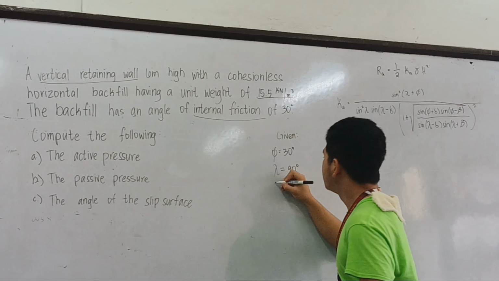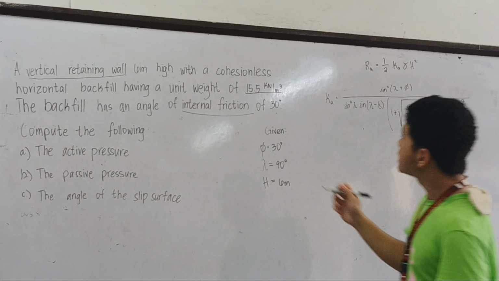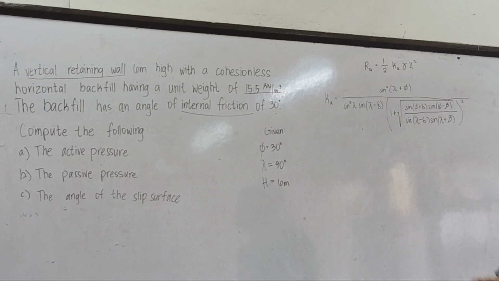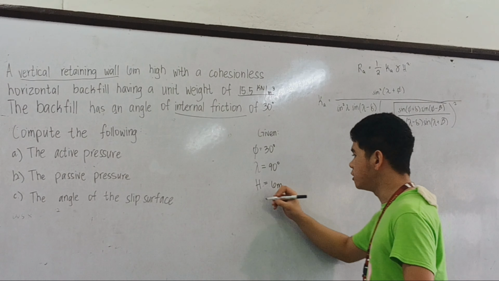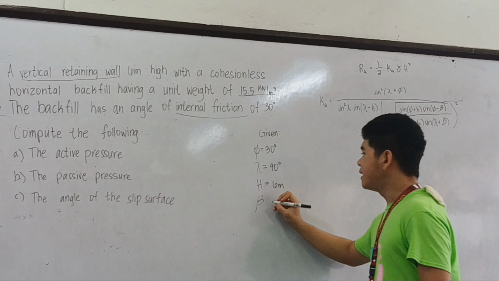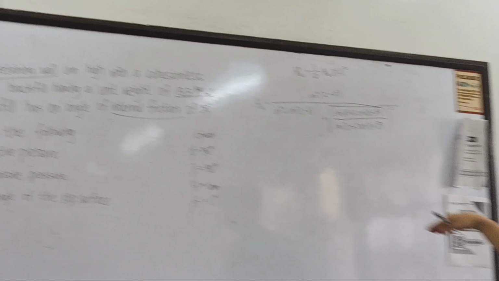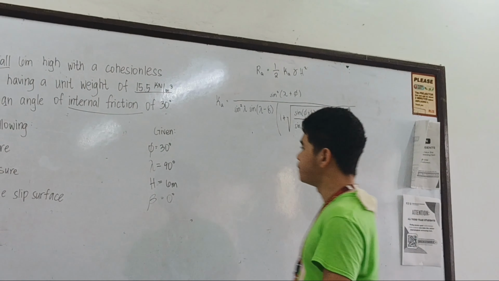It is 6 meters high, so our height is equal to 6 meters, with a cohesionless horizontal backfill. Since the backfill is horizontal, our angle beta is equal to 0.